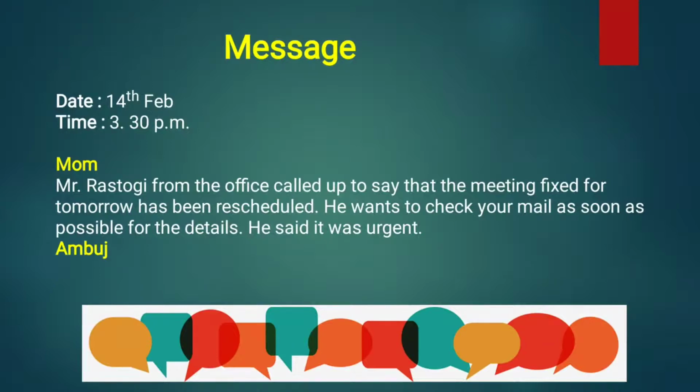Mr. Rastogi from the office called up to say that the meeting fixed for tomorrow has been rescheduled. He wants you to check your mail as soon as possible for the details. He said it was urgent. Ambuj. Here, Mom is the receiver and Ambuj is the sender of this message.